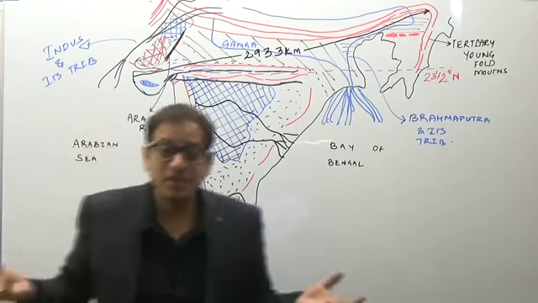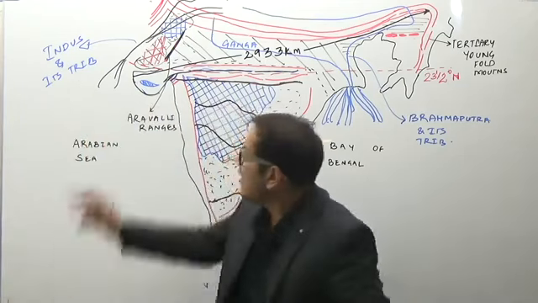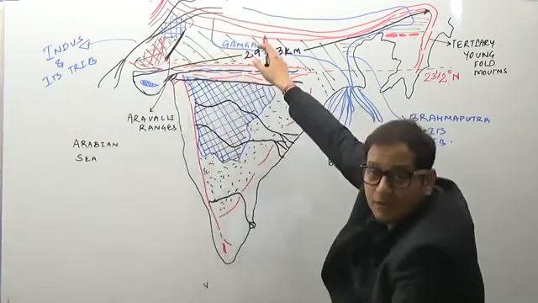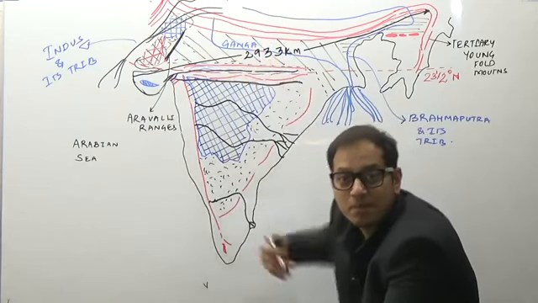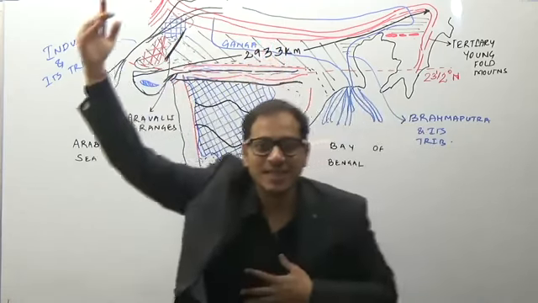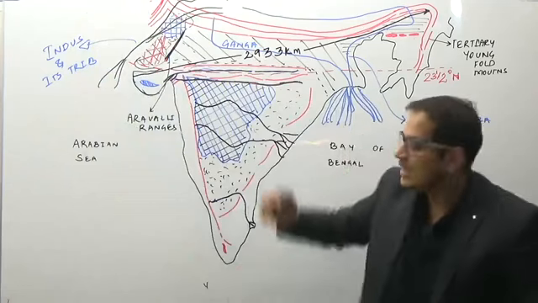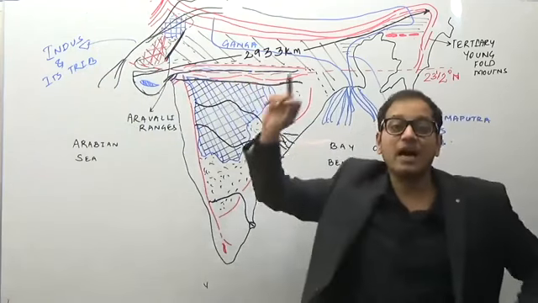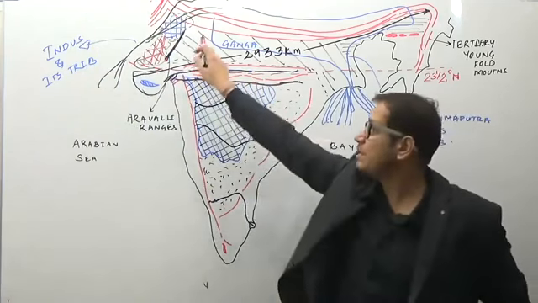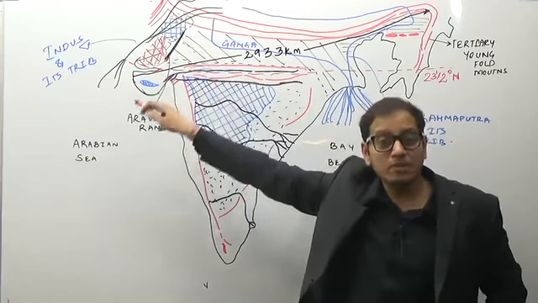So see how interesting our land is. We have the northern part here which are the youngest mountain system, and because they are youngest, they are the tallest. And just to the south in the state of Rajasthan, we have the Aravalli ranges right from Delhi to Rajasthan to the Mount Abu region.